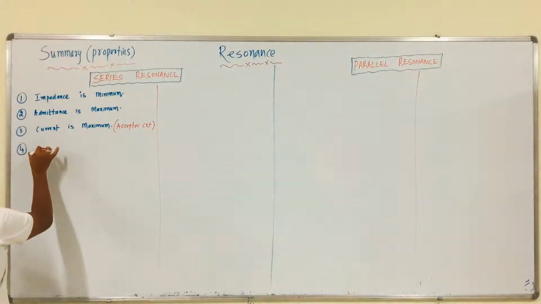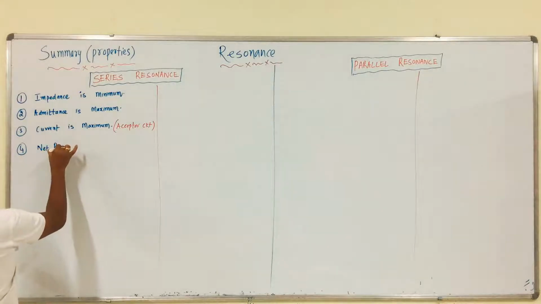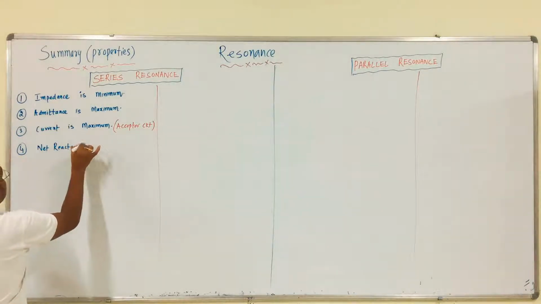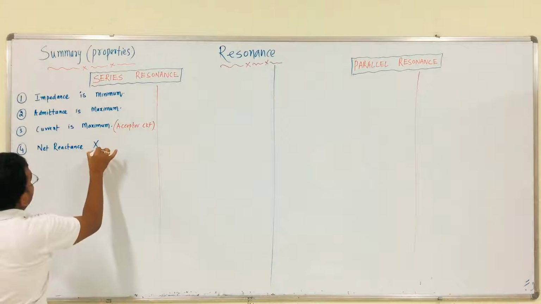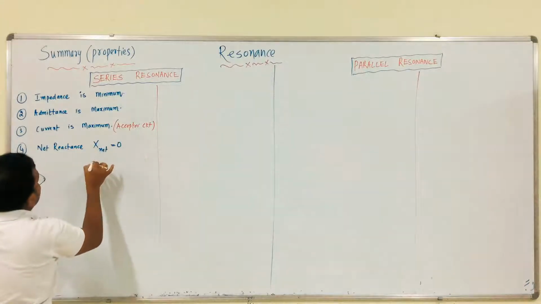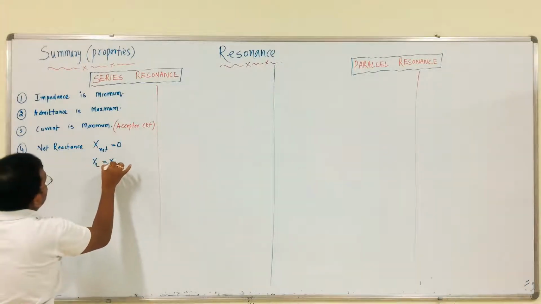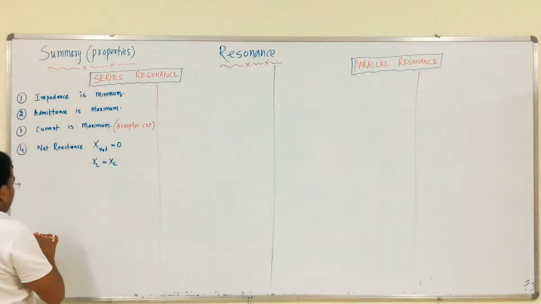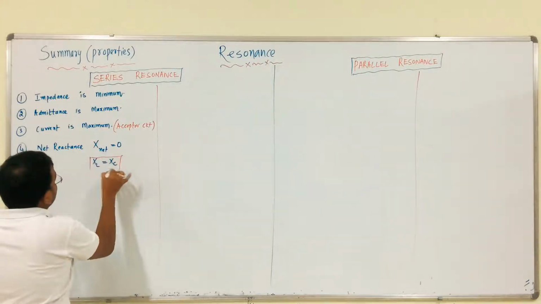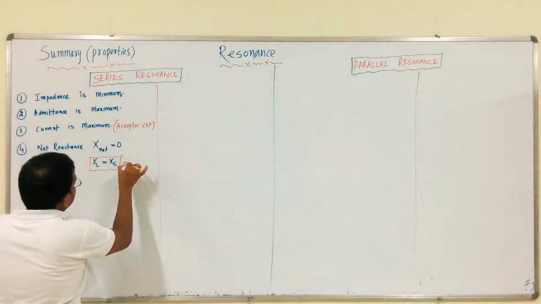what about net reactance? Net reactance, that is X net, is equal to 0, that is XL is equal to XC. From this, what do we have?